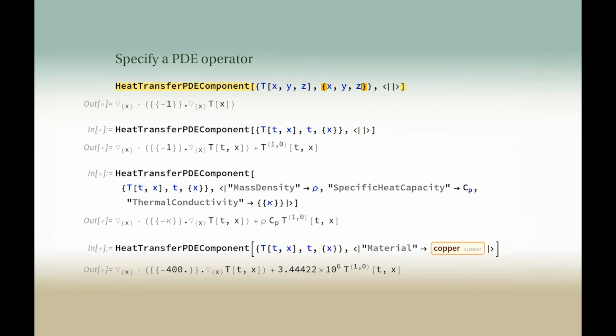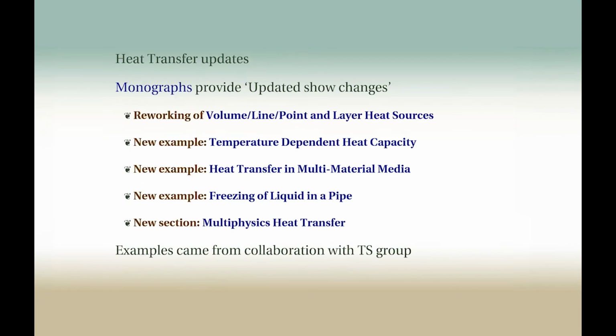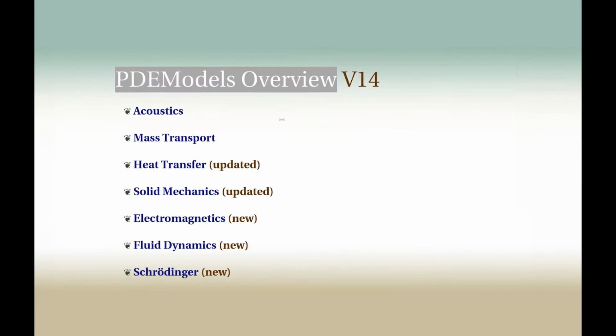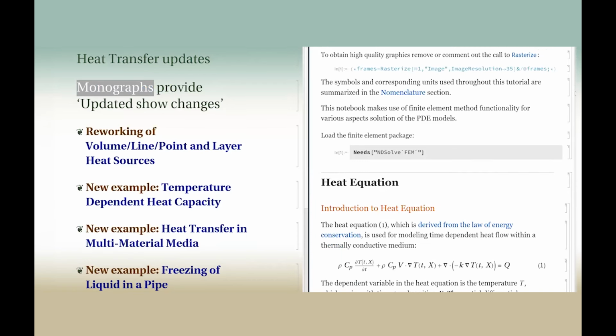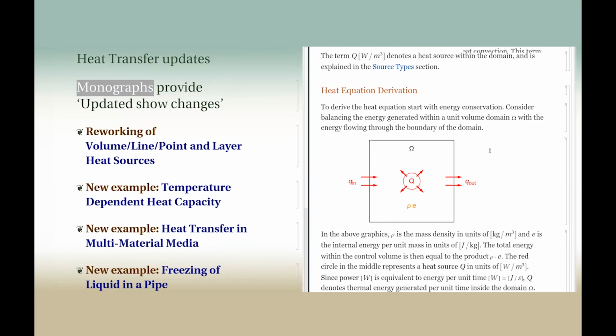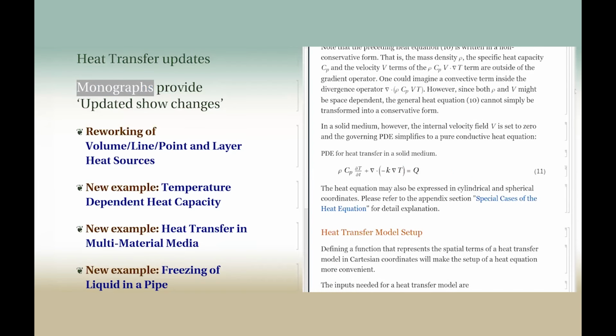Okay, so while we're talking about heat transfer, there have been quite a few updates. So here you have this update show changes, and if you click it, these updates are going to be shown. And if you scroll down now through the notebook, you'll see, in yellow, these are things that we've added for version 14.